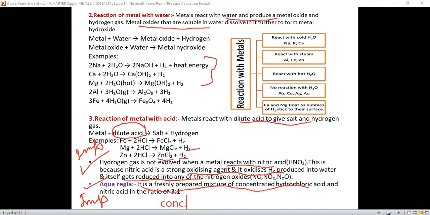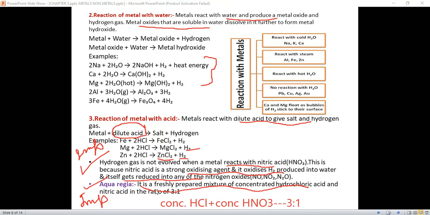Concentrated hydrochloric acid plus concentrated nitric acid in the ratio of 3:1. This is the ratio of hydrochloric acid to nitric acid.